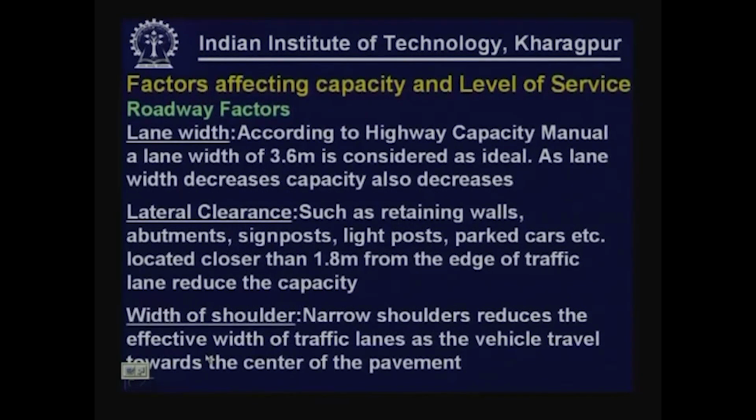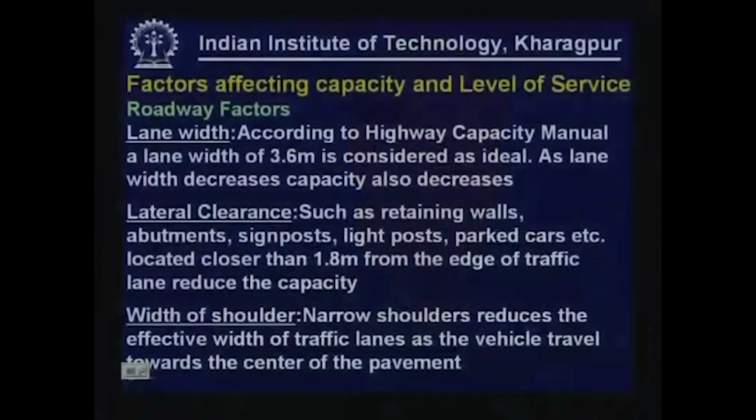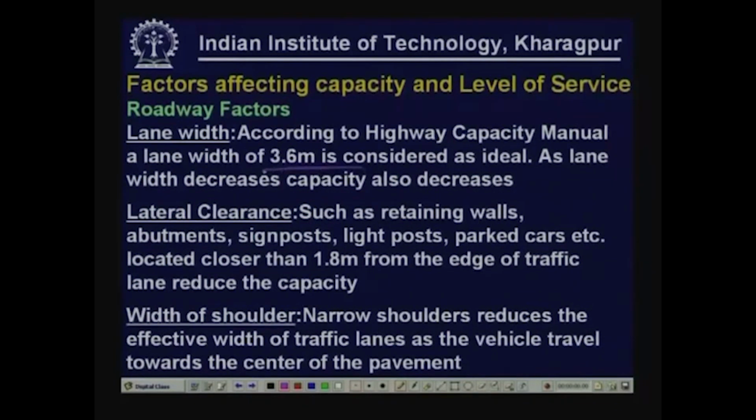Now, coming to the factors affecting capacity and level of service, there are several factors. We will classify them under some broad categories. First, roadway factors. Roadway factors include lane width. According to the Highway Capacity Manual, a lane width of 3.6 meter is considered ideal. So, if the lane width is lesser than 3.6 meter, obviously the capacity will decrease.